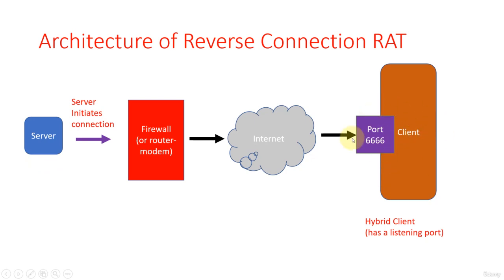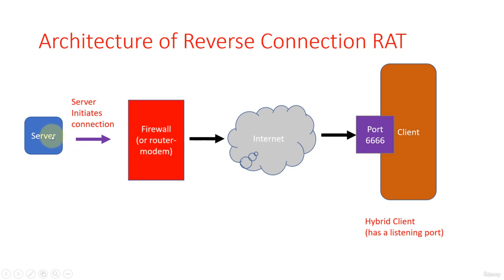And the client, we are going to design it in such a way that it has listening port 6666, and the reason why we chose 6666 is only for instructional purposes. If you are going to deploy this on the internet, it will be better to use port 80, and the reason why is because firewalls do not block port 80.